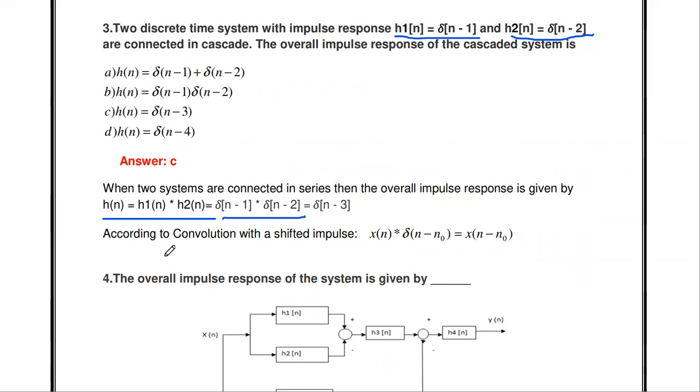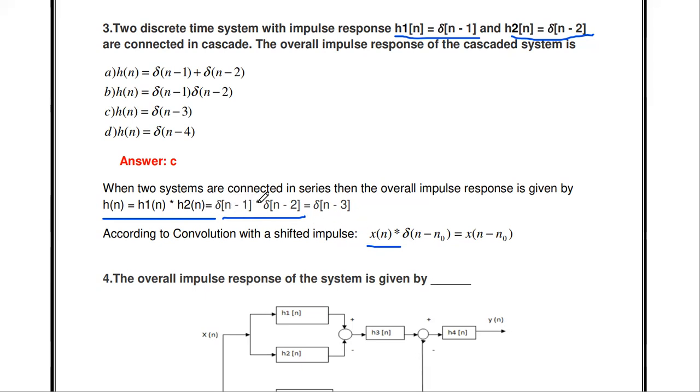Why? According to the convolution with the shifted impulse signal property, already you know this: any signal convolved with a shifted impulse is that signal shifted by that amount. In this case, in place of x of n, consider del of n minus 1 as x of n.